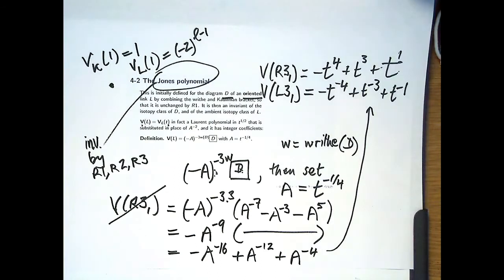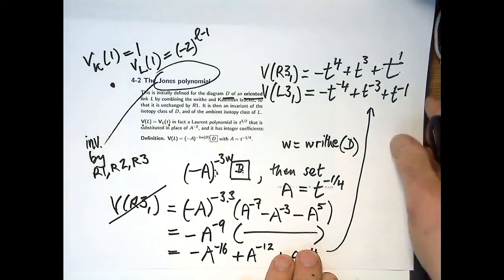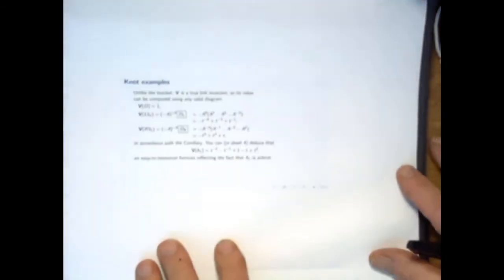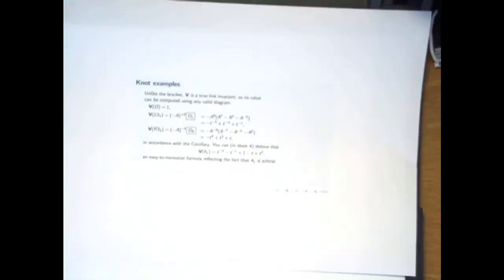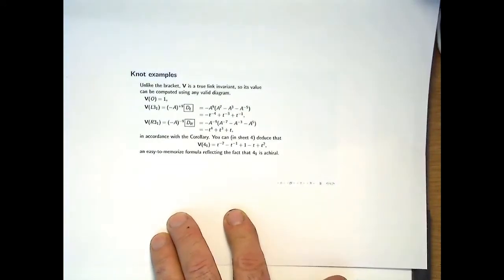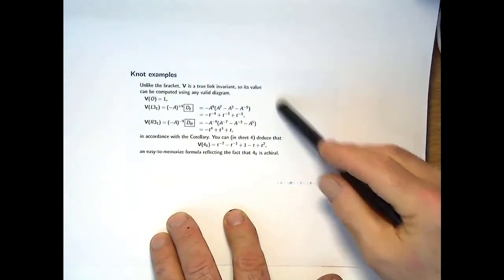Okay, I must get on to try and tell you other things. I've done some exercises now, so I'm just going to give you some more examples. So I've already done the right trefoil knot and the left trefoil knot.